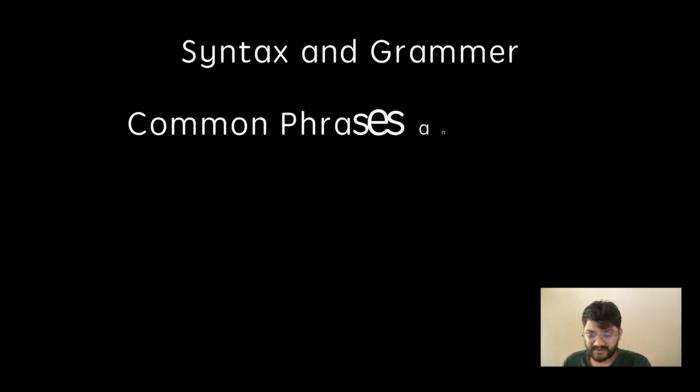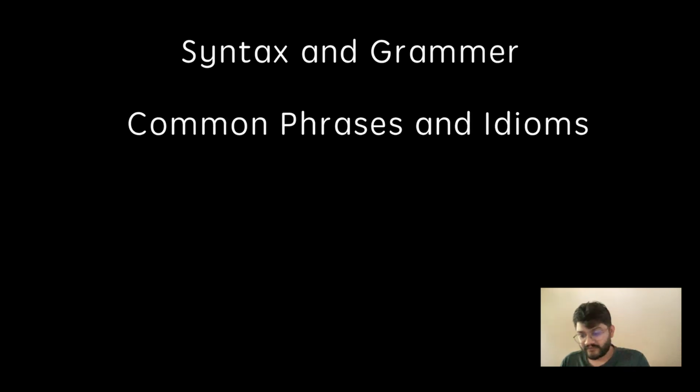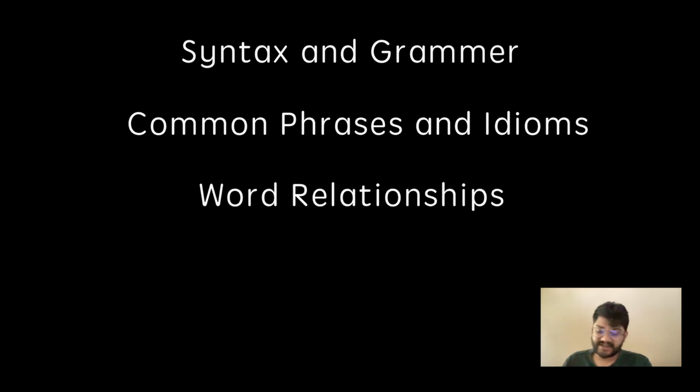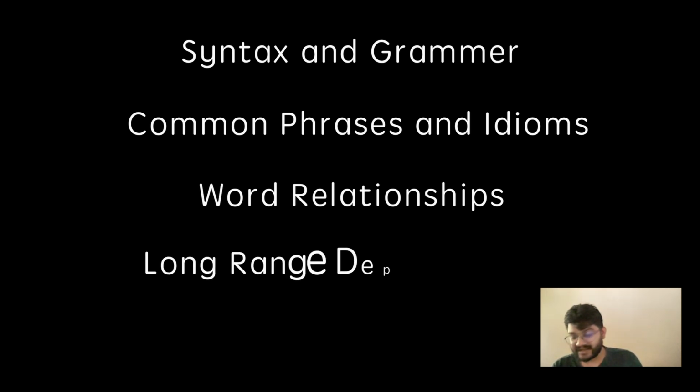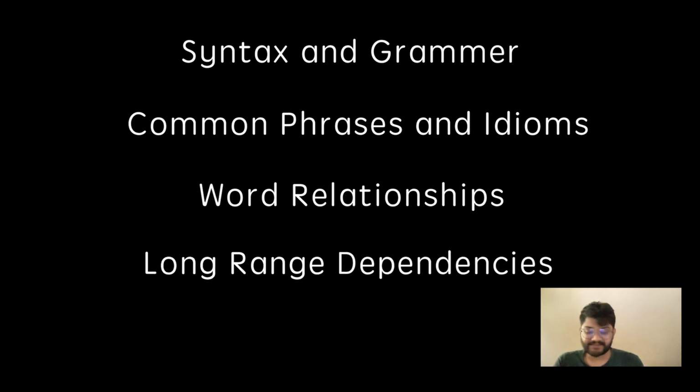They learn common phrases and idioms for natural sounding text. They recognize word relationships including synonyms, antonyms and context-dependent meaning, and they understand long-range dependencies between distant words for better comprehension and text generation.